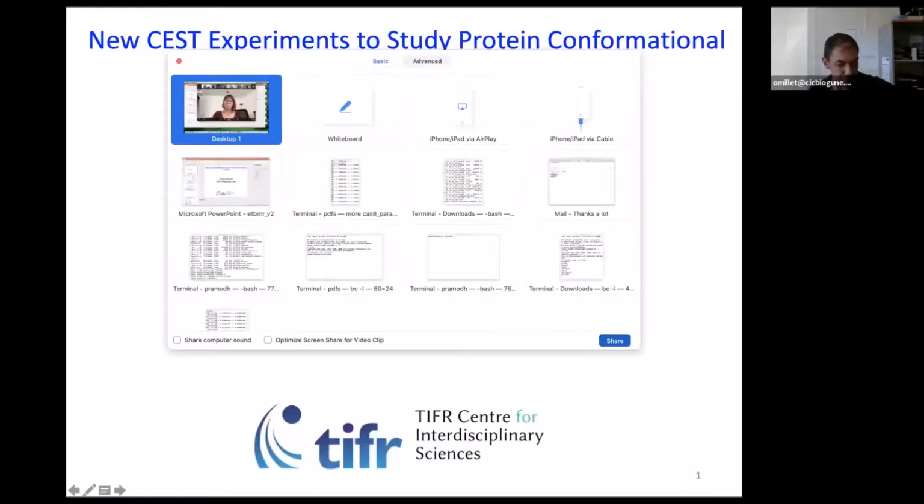Then Pramodh, after that period, moved to India, back home, where he's currently a reader. He has a position there, and he continues interested in all these studies for dynamics using NMR spectroscopy. And that's exactly what he's going to talk to us about today. So Pramodh, whenever you want, the floor is yours.